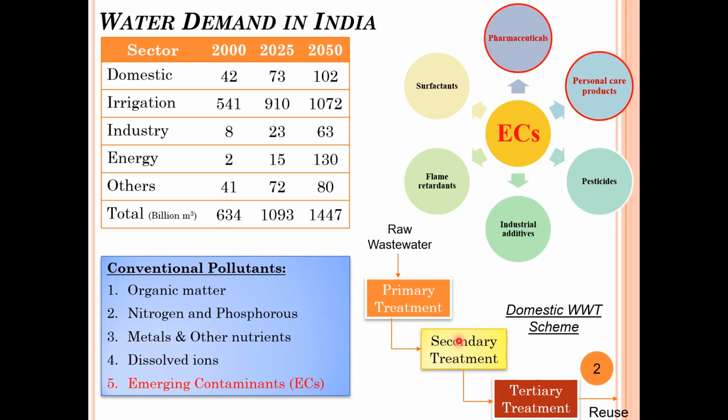But obviously, secondary treatment is not able to remove these emerging pollutants. That's why we introduce the tertiary treatment system to take care of the emerging pollutants, along with other metals as well as NNP, coming out from your secondary treatment.